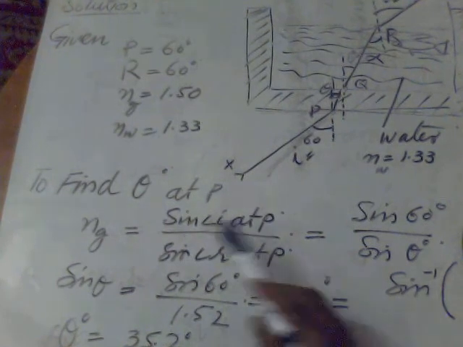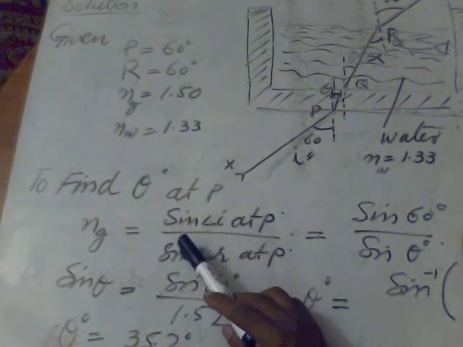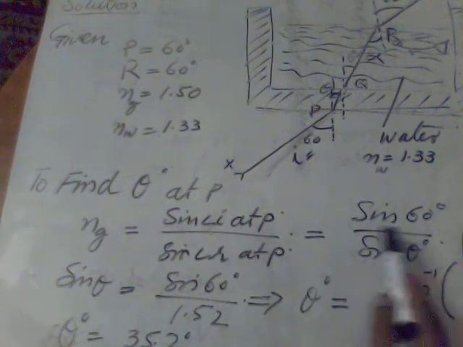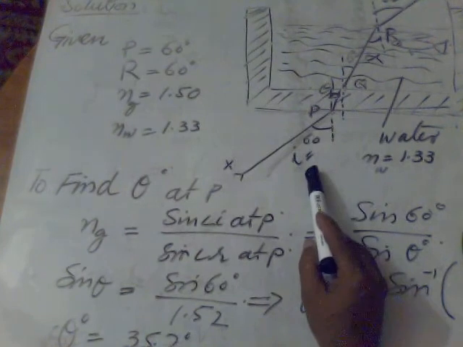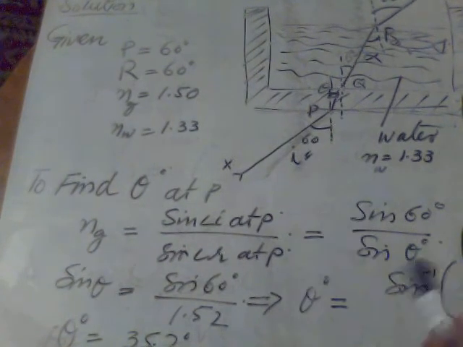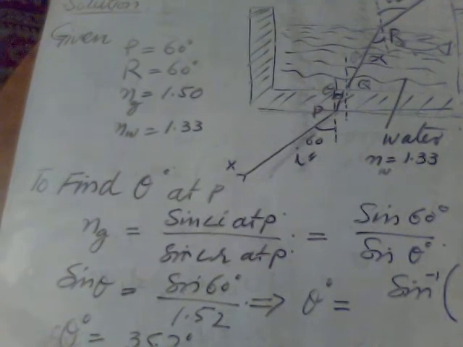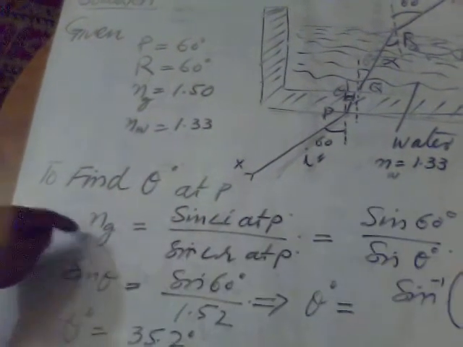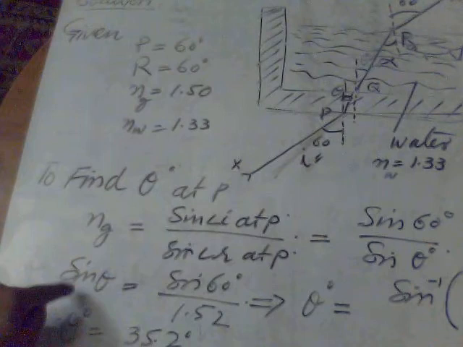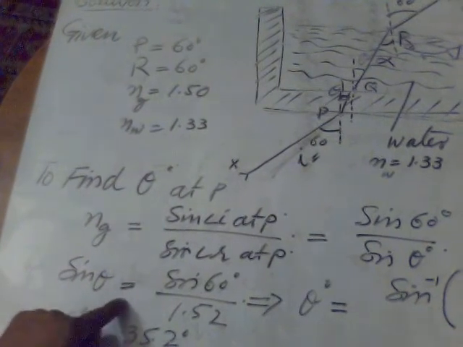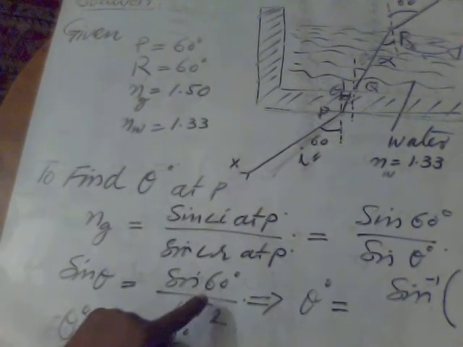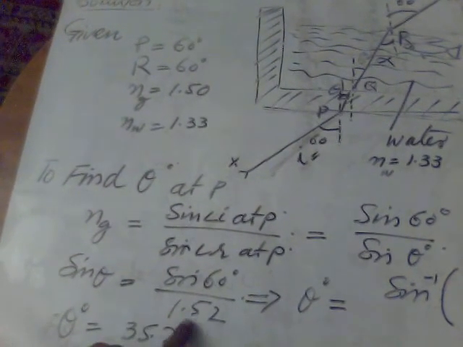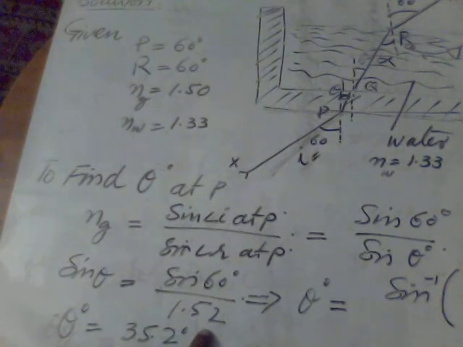So we put the values: sine 60 as the angle of incidence. By rearranging this equation, we can write sine theta is equal to sine 60 divided by 1.50, the value of the refractive index.